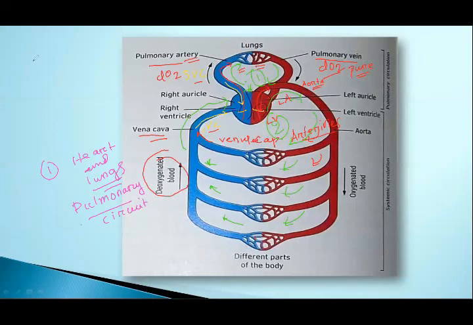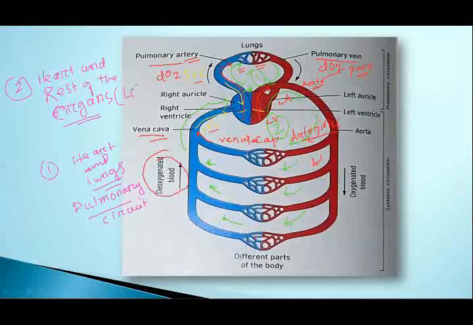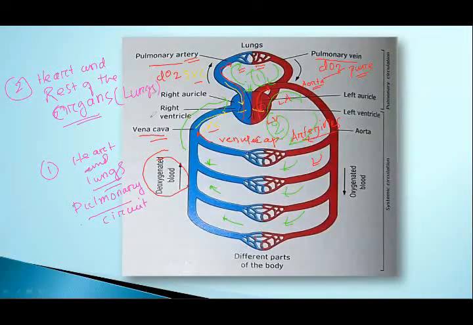Now the next circuit, or the second circuit that you have, what is that? The second circuit is basically in between your heart and the rest of the organs. And these organs will not include whom? Lungs will not be included, because we have already included the lungs.